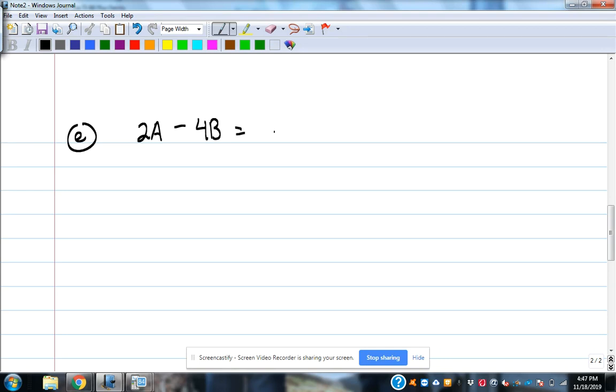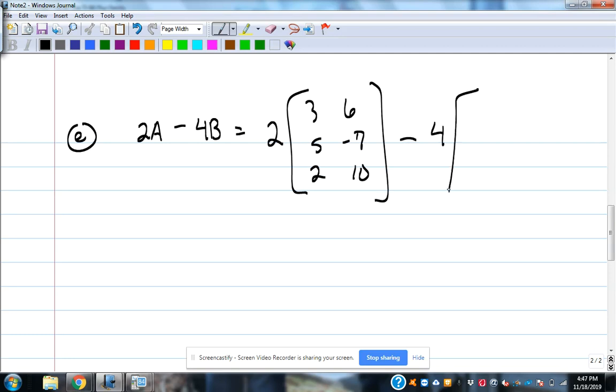That means take 2 times matrix A, which I'm going to write it out here, but this is where I might actually use the calculator a little bit. So those are the same two. This is matrix A, this is matrix B from the first examples that we did. 2 times matrix A minus 4 times matrix B. And I would just do that math.